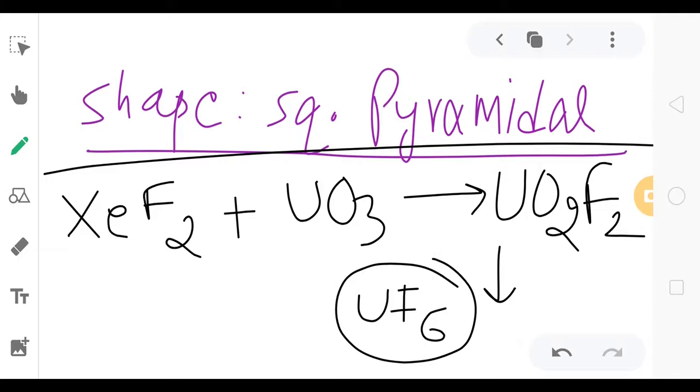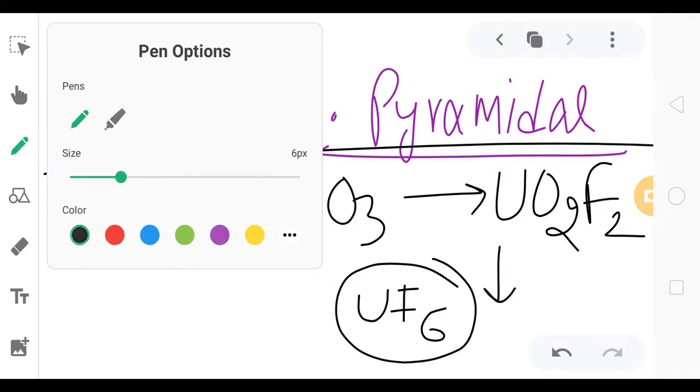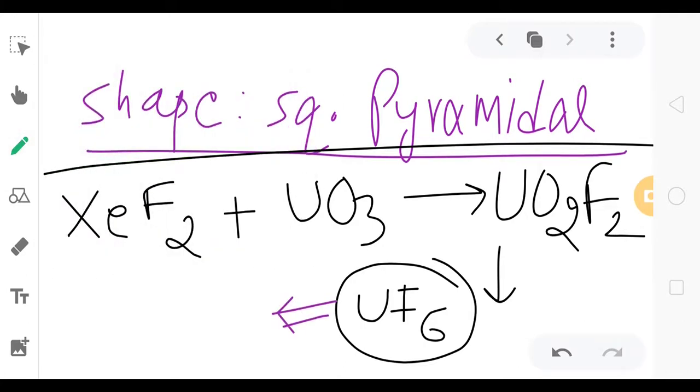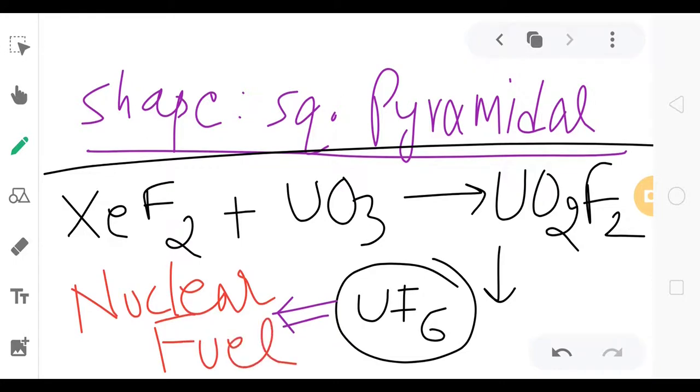This is your nuclear fuel. This reaction is quite important because it produces the nuclear fuel needed in nuclear reactors, and we synthesize it by reacting xenon difluoride with UO3, uranium trioxide.